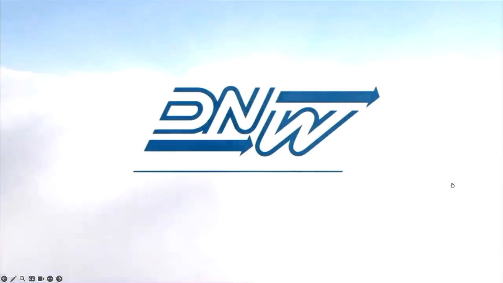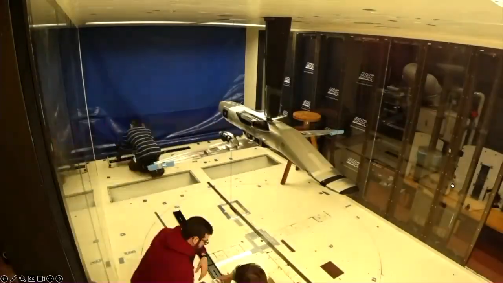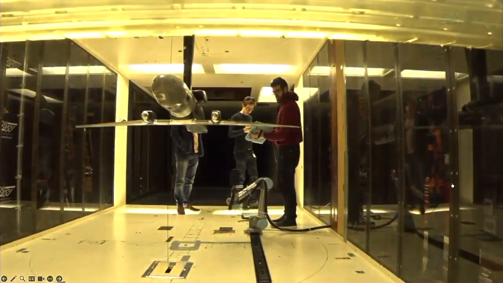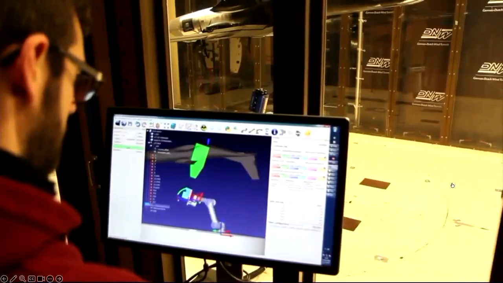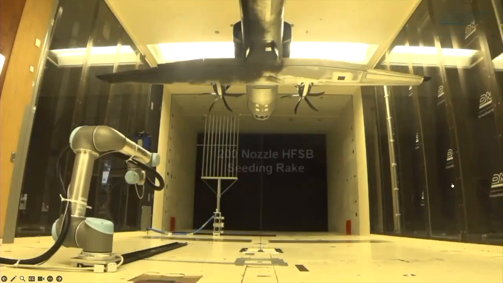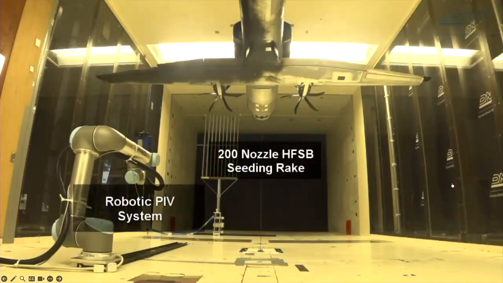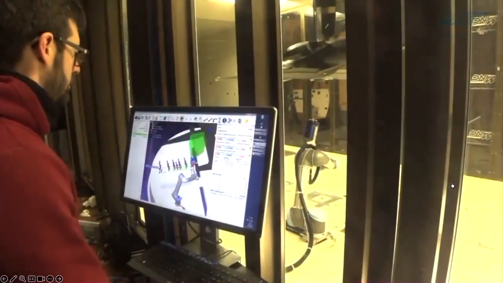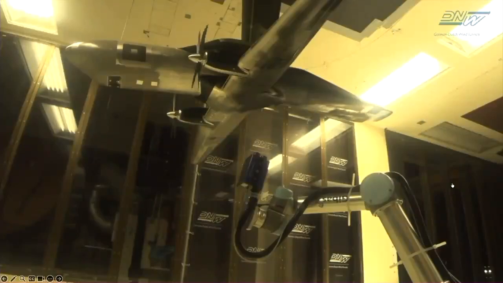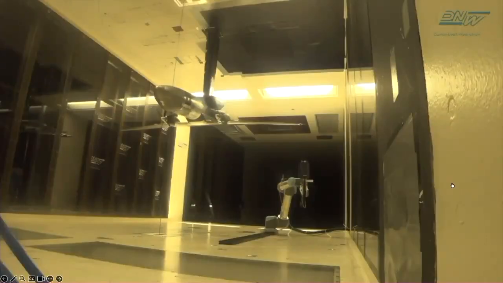Let me see this. This is an experiment done with the large wind tunnels in the Netherlands, which is a consortium of German and Dutch wind tunnels. Here we have used the PIV implemented onto a robotic arm to produce a three-dimensional analysis of an aircraft in full propulsive mode.